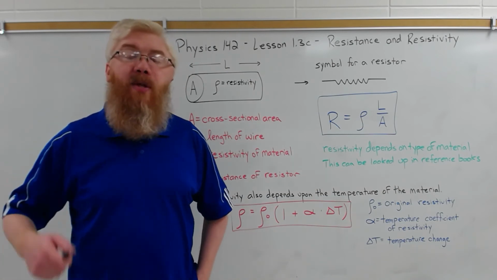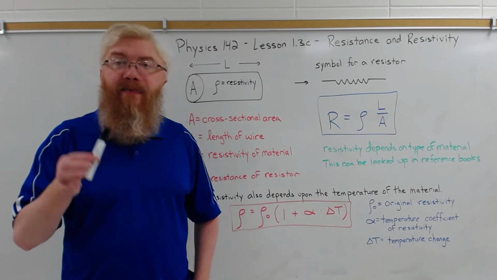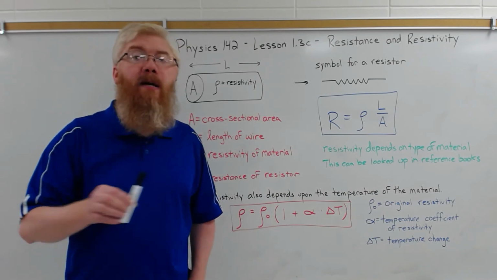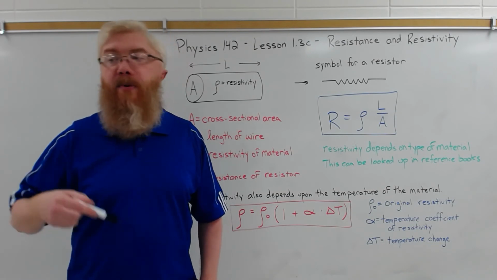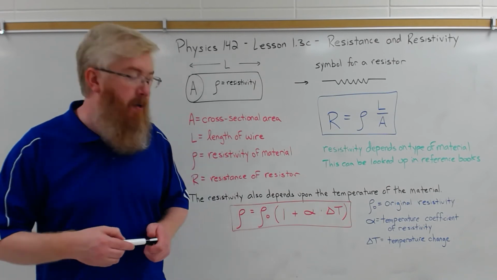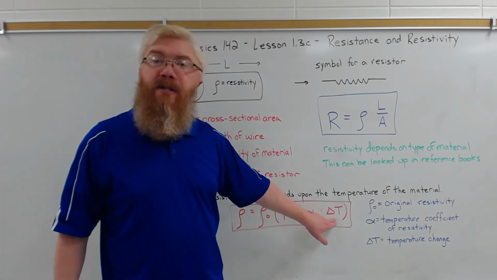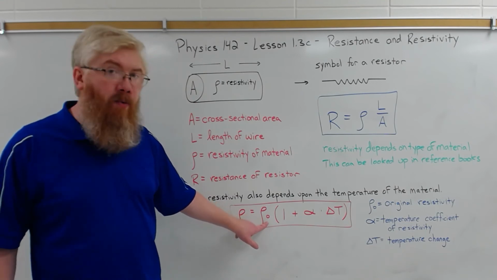That again is something you have to look up in a book. So copper will have a specific not only resistivity, but a temperature dependence on that resistivity. That's something you can look up in a book, or your book gives some examples of basic materials. That is times the change in temperature from whatever temperature rho naught was measured at.